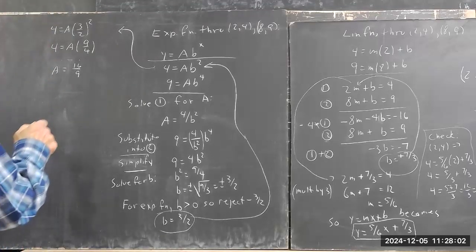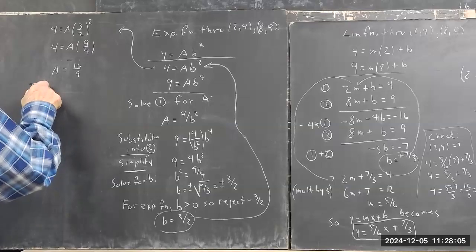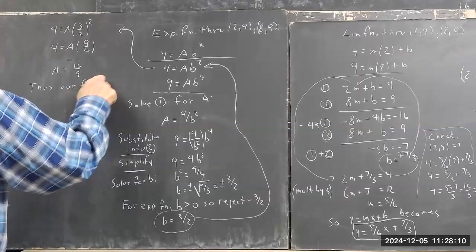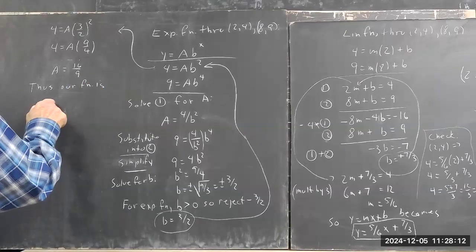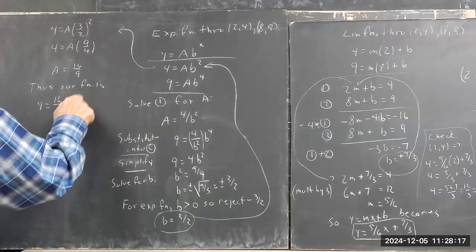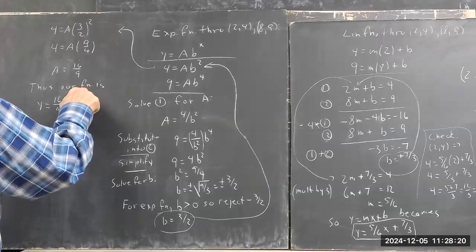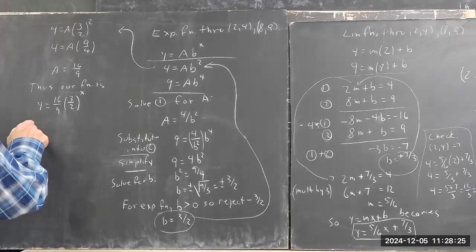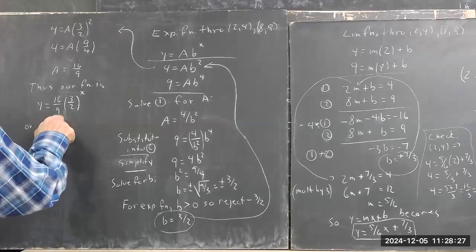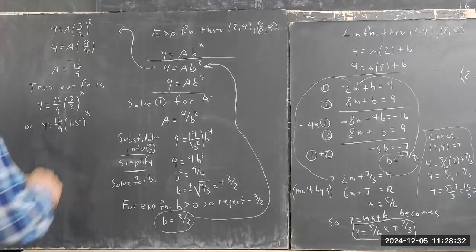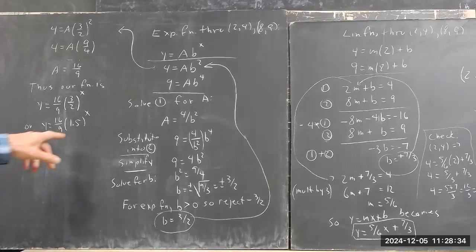So now our function is y equals 16/9 times 3/2 to the x, or y equals 16/9 times 1.5 to the x.